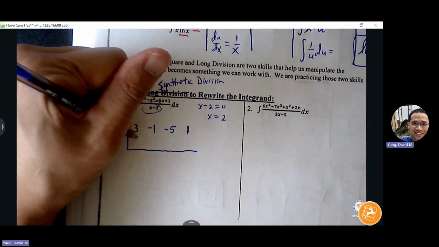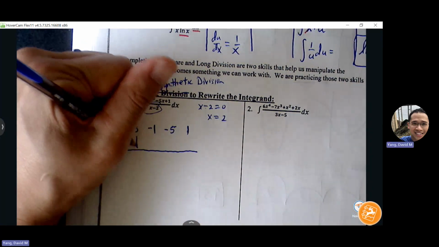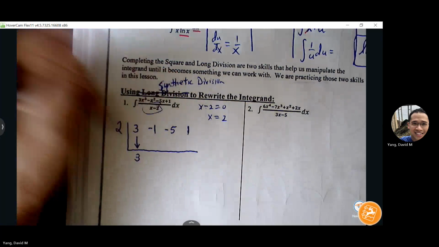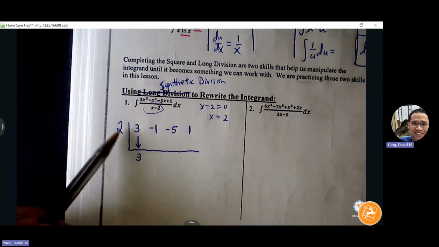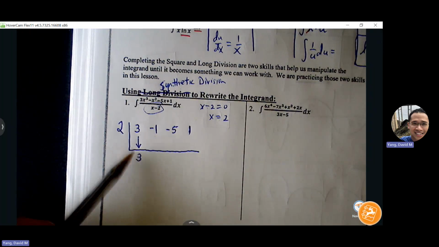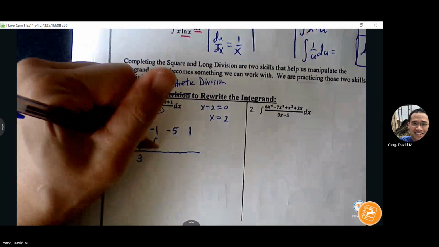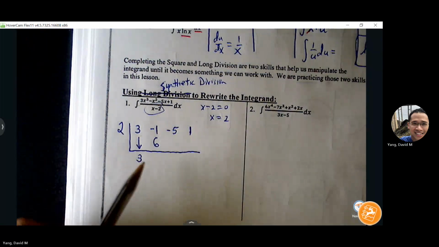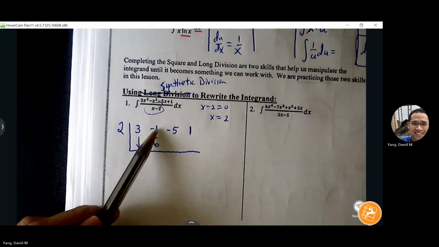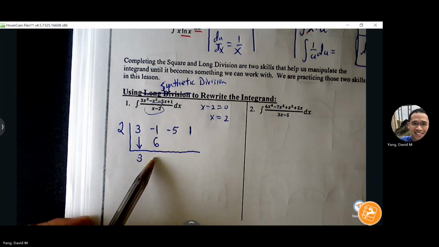Okay, what you're going to do is bring the first number down below the line. Next up, you're going to multiply. 2 times 3 is 6, put that number in the second column. And then you're going to add, which gives 5.